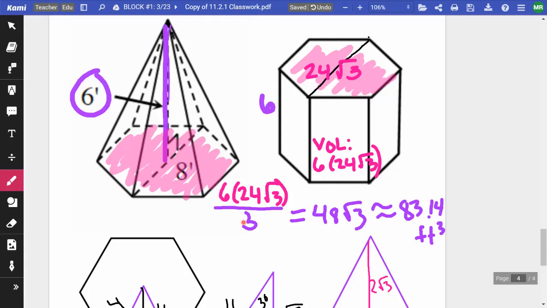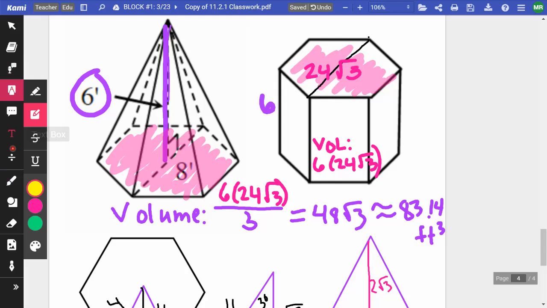And so this right here is my volume. Let me just highlight that real quick. Okay, that's my volume. So now surface area.